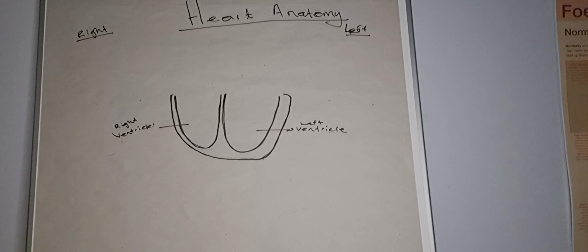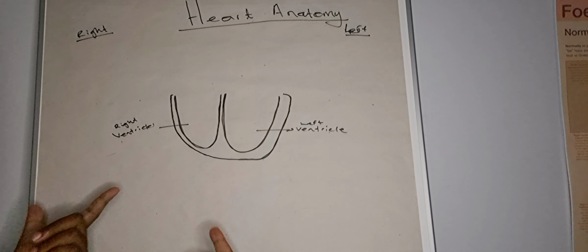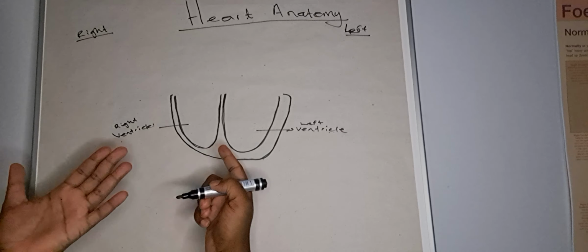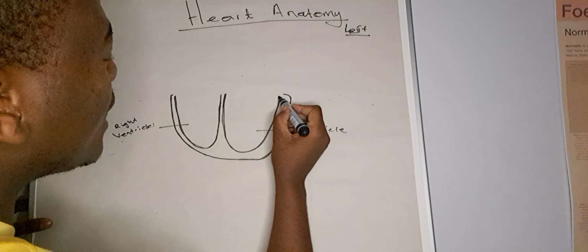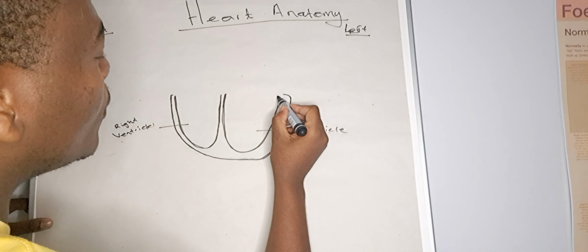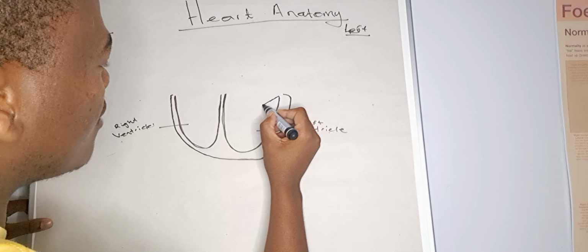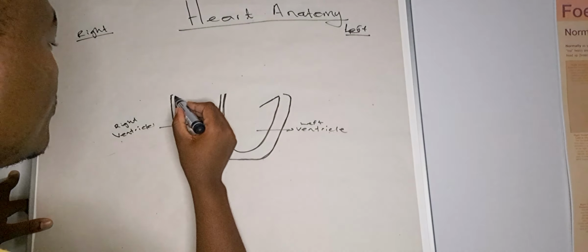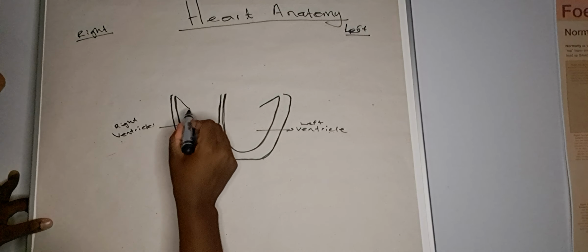Now, these are our ventricles, but is the heart complete like that? No, in fact, when it is like this, it does not make any sense. So what will be happening here is that we'll be having valves. Valves. This is what we do. It is not much different from mathematics.